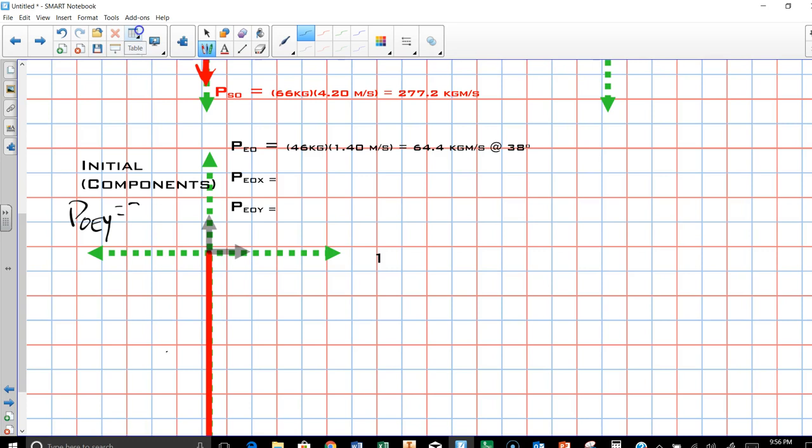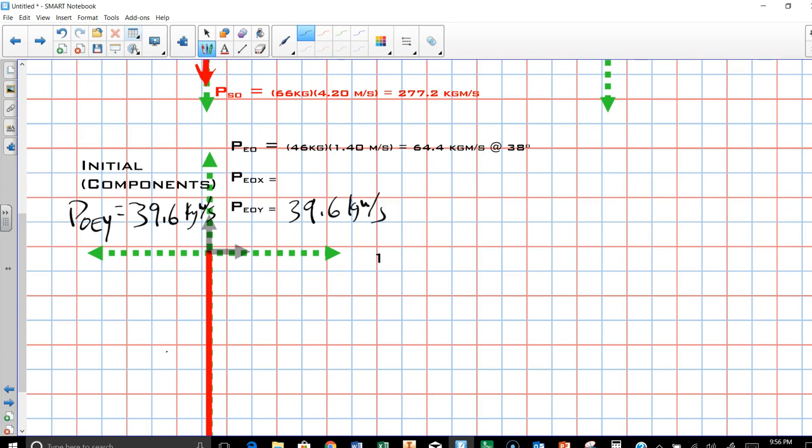So this is positive 39.6, right, because it's upward. Although maybe we'll put the negative and positive in later. Oh, here. I already have a spot for it, don't I? 39.6 kilogram meters per second.